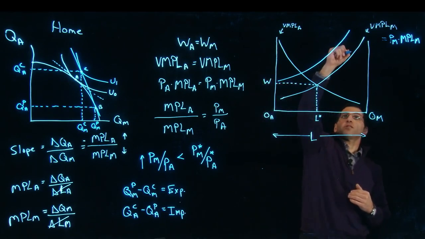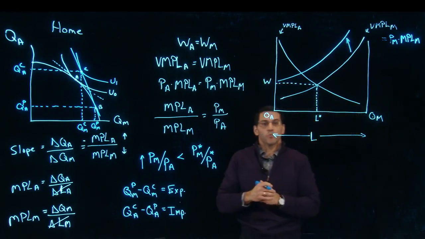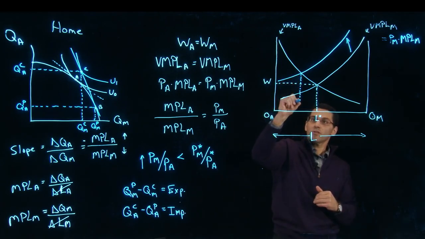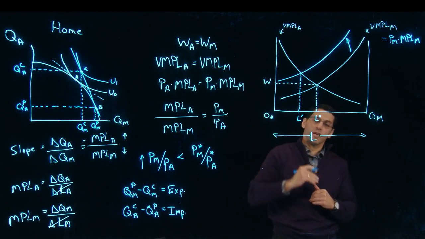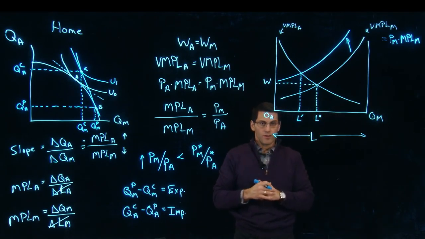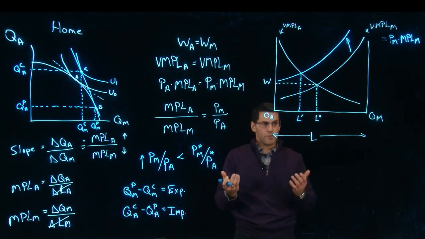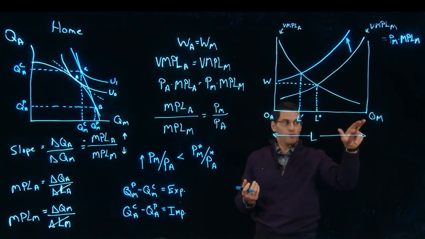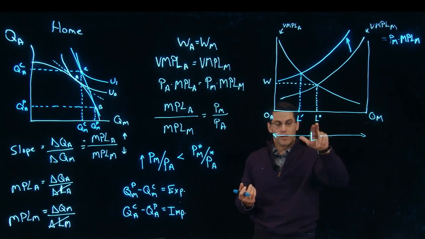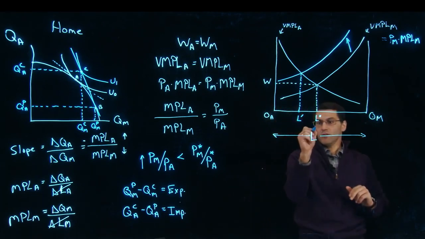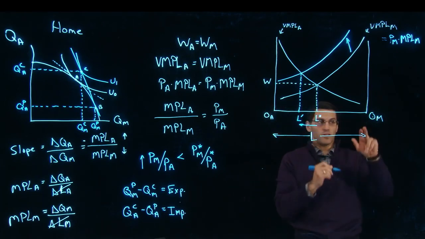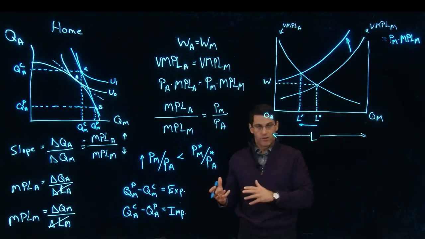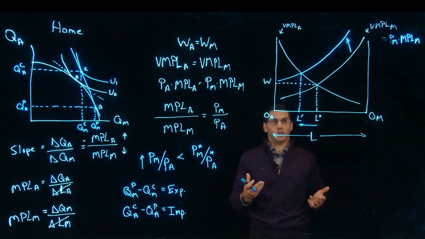Right? The curve shifts up, which means we're going to end up with a new equilibrium, say at L prime. So what's happening? The amount of labor that initially was employed in manufacturing was from here out to L star. Now it's from OM up to L prime. So workers have moved out of agriculture and into manufacturing.